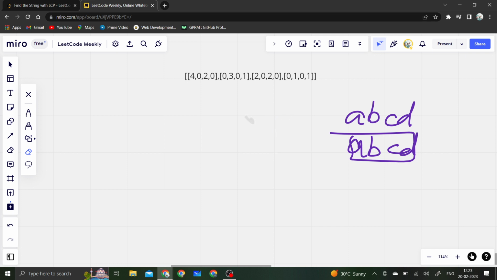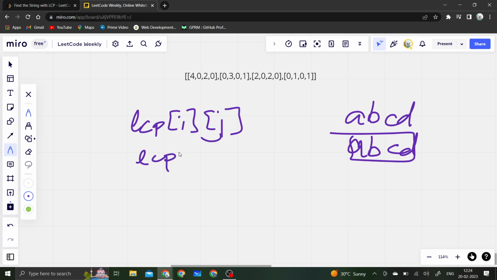Let's see the second case. Let's say I consider LCP of I and J, and then I also consider LCP of J and I, right? This will represent two strings, that is one string from I to n minus 1 and one from J to n minus 1, and this will also represent from J to n minus 1 and from I to n minus 1.